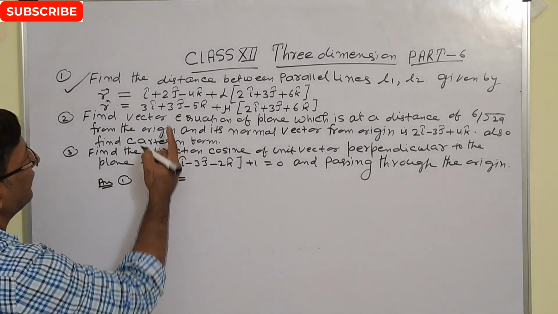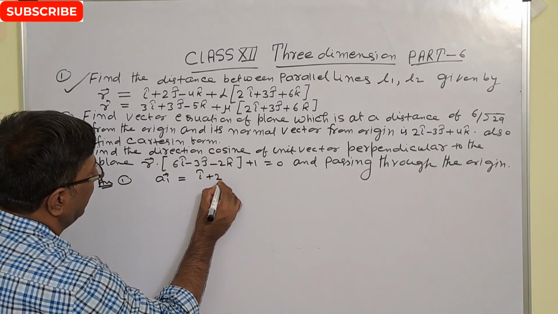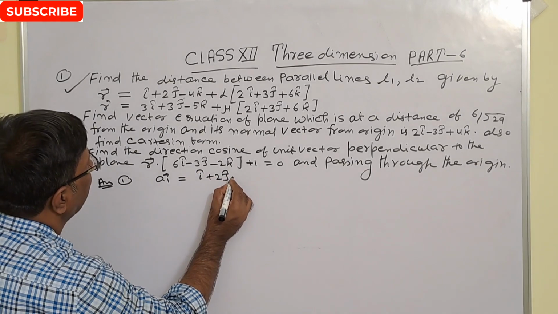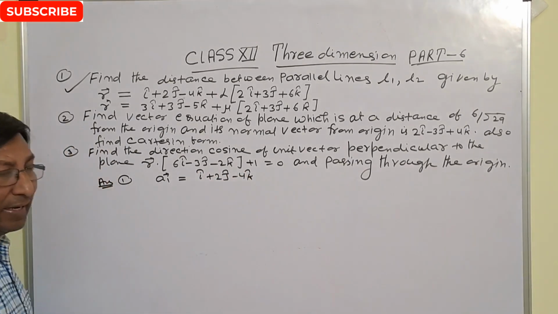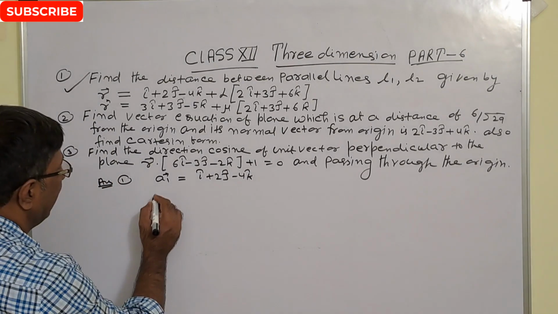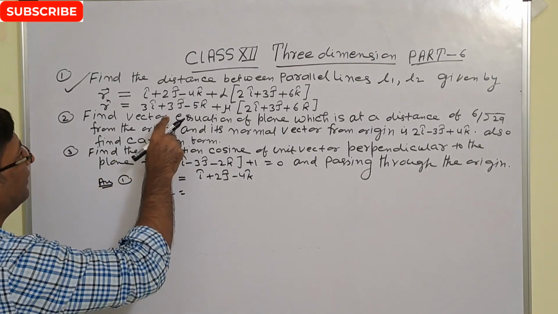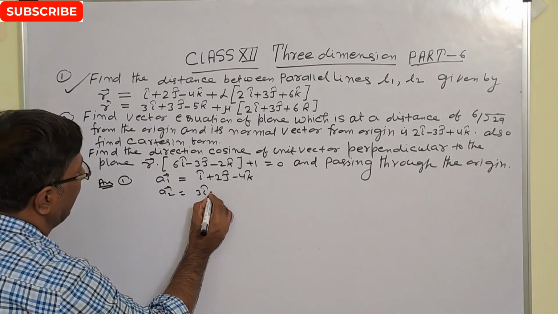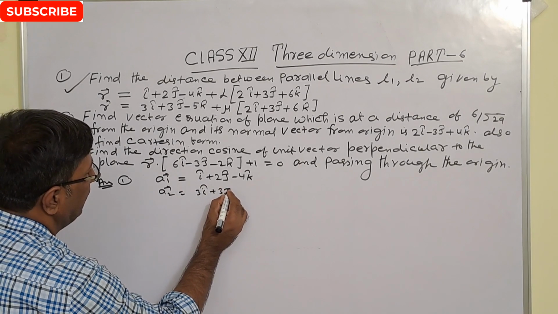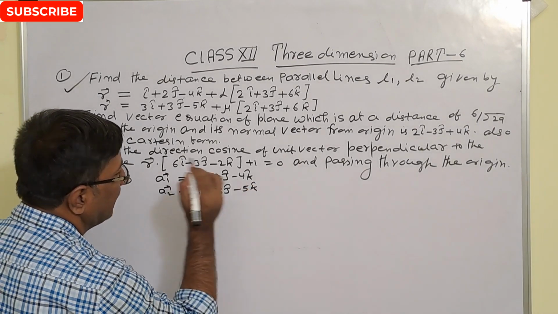So A1 vector is what? That is unit vector i plus 2 unit vector j minus 4 unit vector k. This is the A1. And again A2 vector, what? This is the second line. This is 3 unit vector i plus 3 unit vector j minus 5 unit vector k.